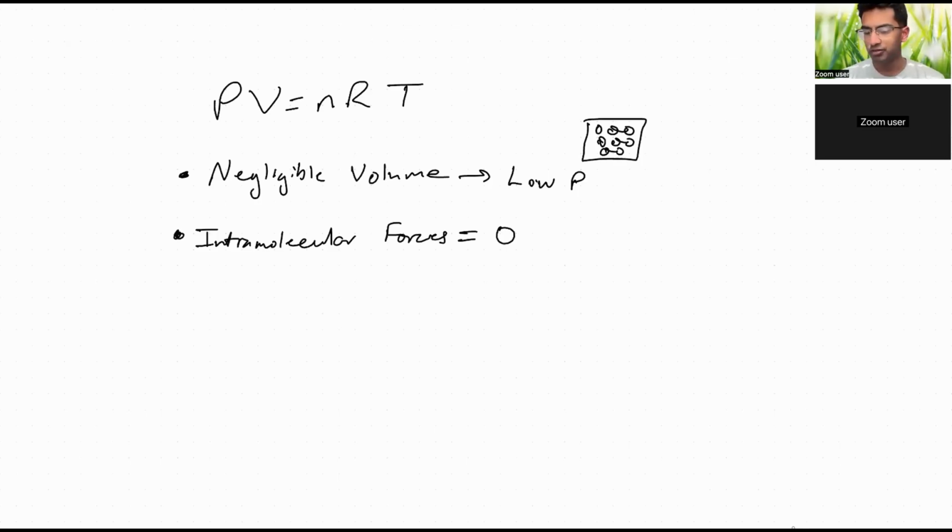So you can imagine if these molecules are moving really, really fast, they're not really having enough time to exert enough force on each other, right? Or the force that is exerted is negligible compared to if they're moving really, really slow. So if you have slow moving molecules, then those forces are going to have a bigger play on the overall gas.